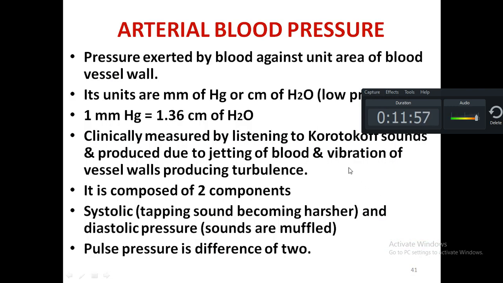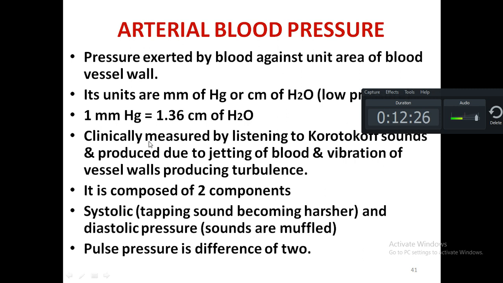Now arterial blood pressure is the pressure exerted by the blood against the unit area of the blood vessel wall. Its units are millimeter of mercury, or for low pressure the units are centimeter of water. The conversion is that 1 millimeter of mercury is equal to 1.36 centimeter of water.